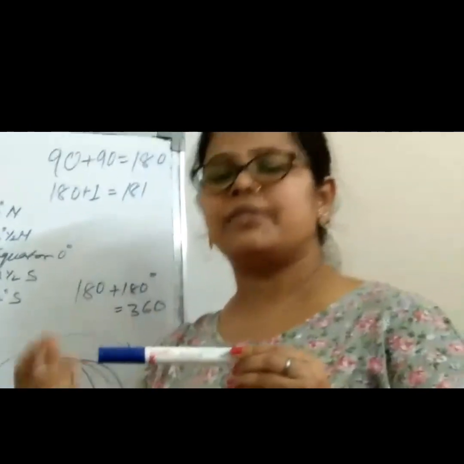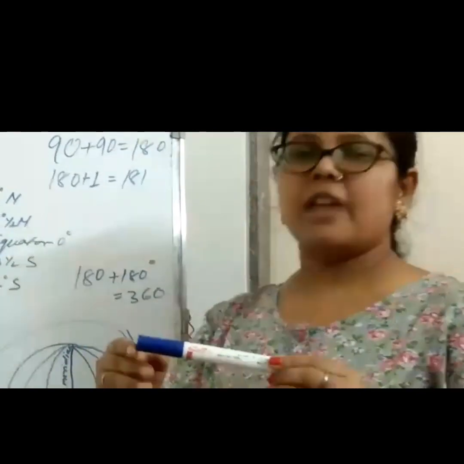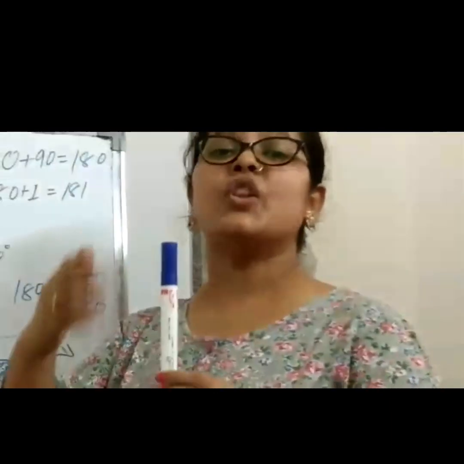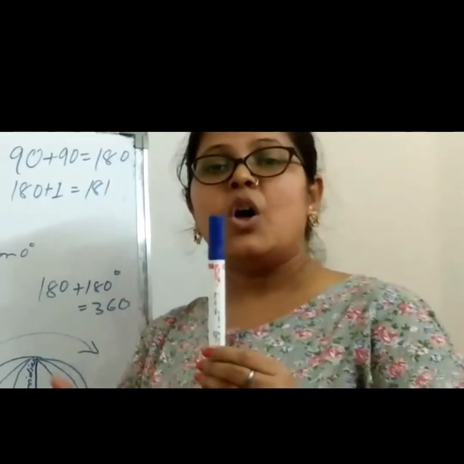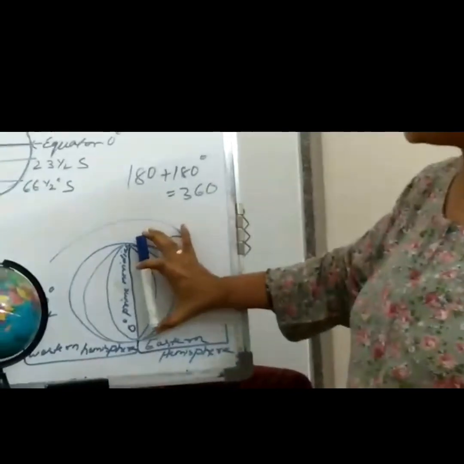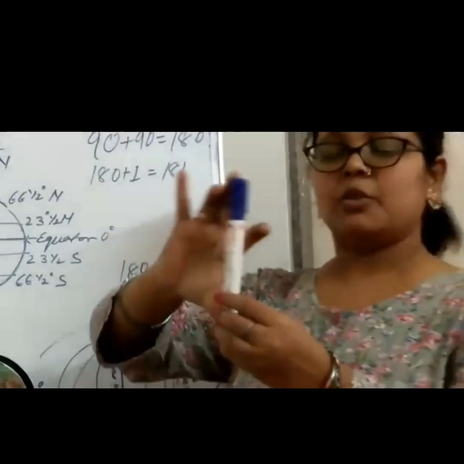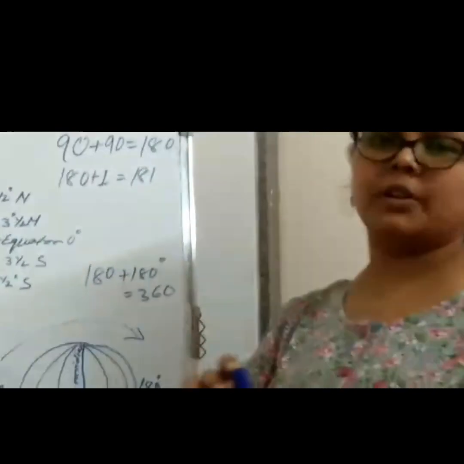The word latitude itself sounds like "leta hua", lying down. And the word longitude itself sounds long. Someone is growing this way, not this way. So you will remember this concept from this.